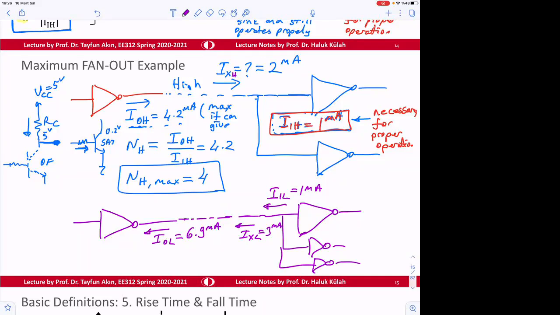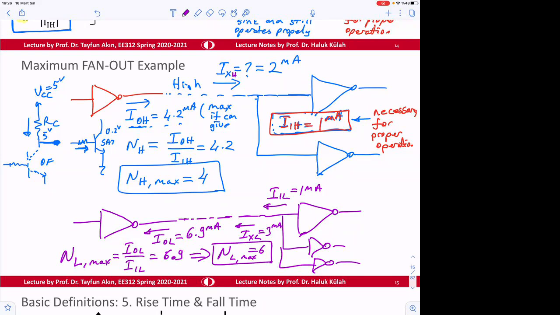So what is the N low maximum? 6. Yes, it will be 6. So how do we find it? We first divide V output low to V input low, and that's going to be 6.9. Therefore, NL max is going to be 6.